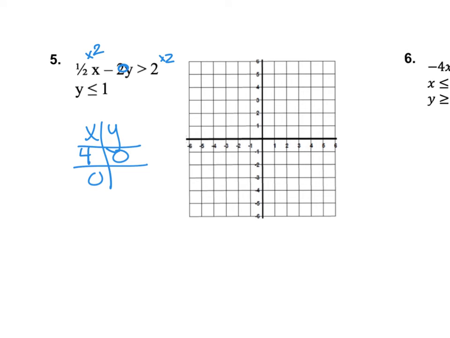So we have 4. All right, and now we are plugging in x for 0. That goes away. Divide by -2, and I have a -1. So the 2 points we have are 4, 0, and 0, -1, and it is just greater than, so I know I'm just going to do a dashed line.